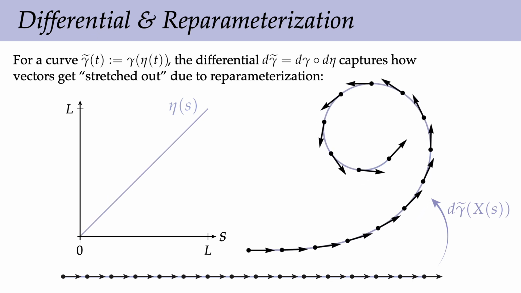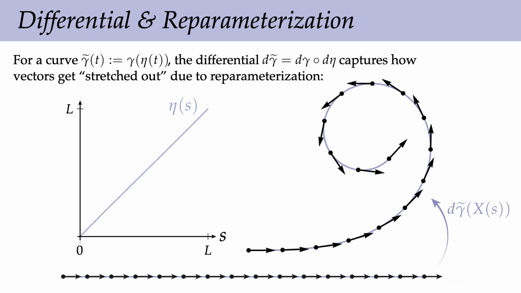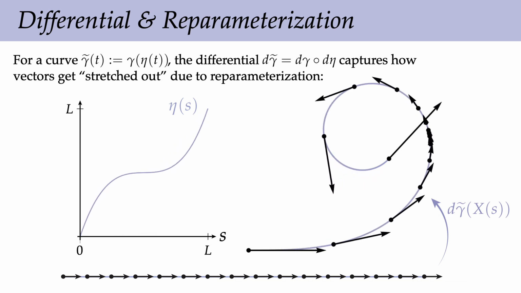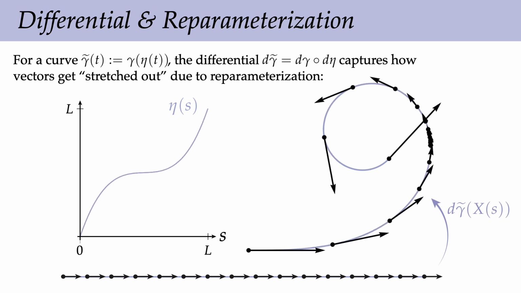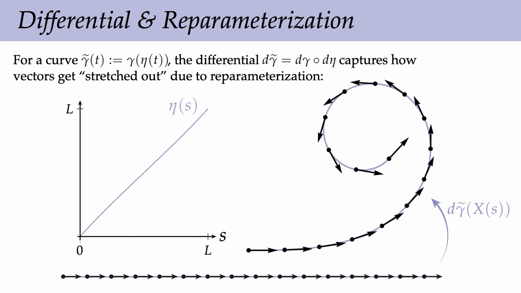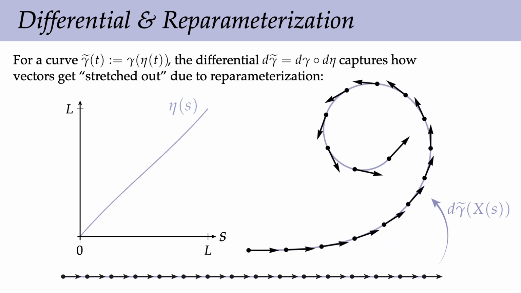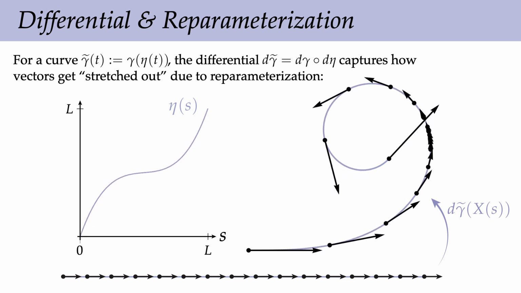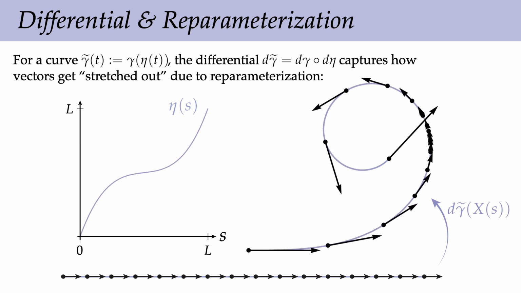It's going to get stretched because I'm remapping the interval, and it's going to get stretched because I'm going from that interval into space. Okay? And we can also see from this picture how the differential is different from the unit tangent. It's not just capturing the grazing direction of the curve, but it's actually telling us something about the map itself. How much did this map stretch out the domain?